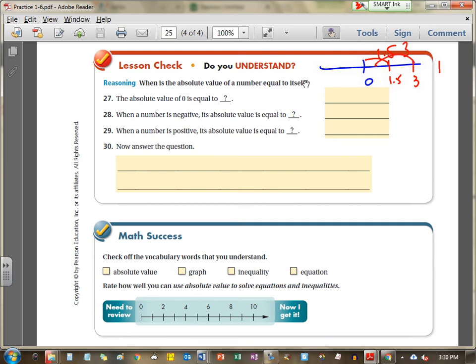If you go over here to 16, the distance is 16. Okay, so basically it seems like it works whenever you pick a positive number, right? But when you go to the left side, that's not true. Watch. If you go to negative 1.5, the distance is positive 1.5. See? If you go to negative 3, the distance is positive 3.